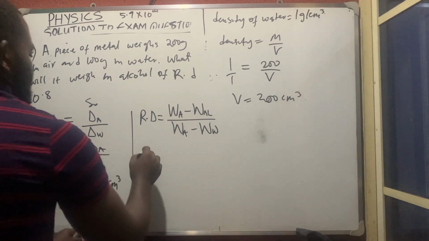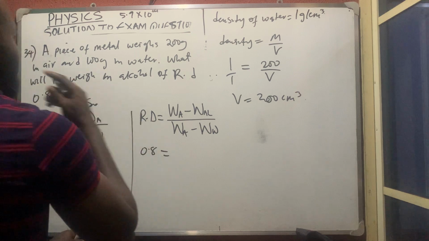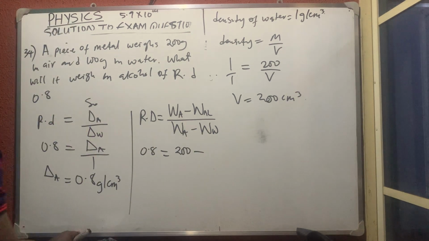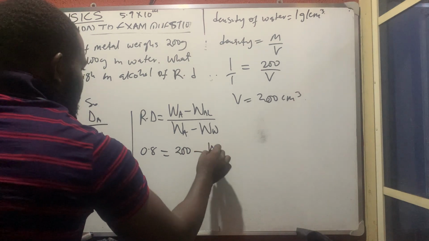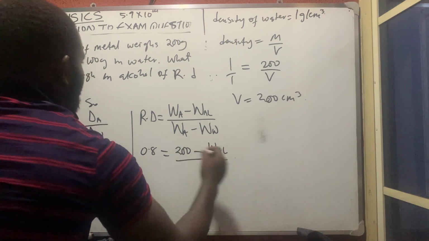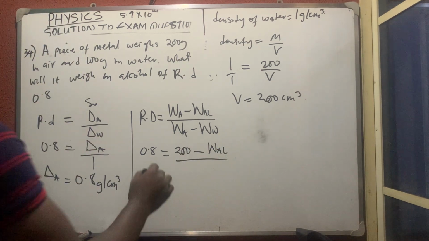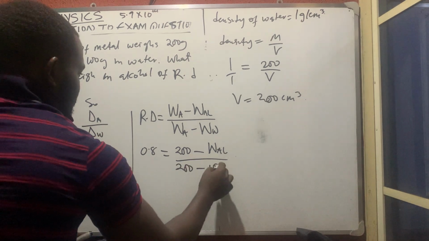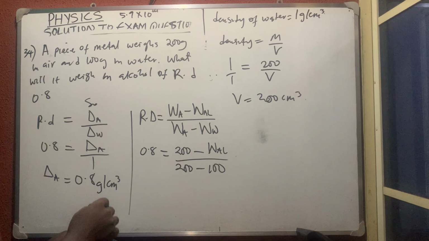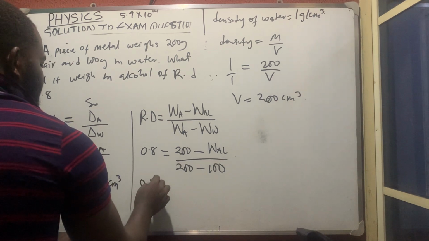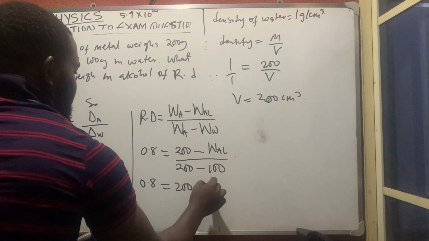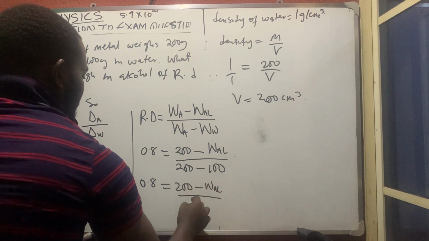So relative density 0.8 is equal to weight in air, 200, minus weight in alcohol, which I don't know, all over 200 minus weight in water, 100. If I cross multiply, 0.8 is equal to 200 minus W_al all over 100.